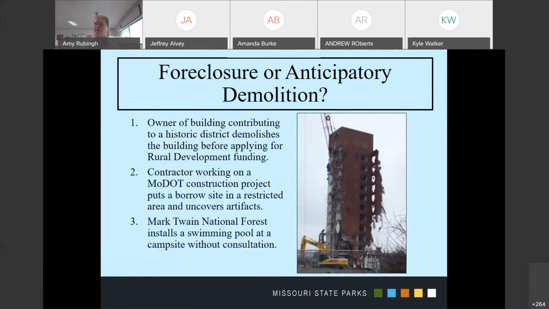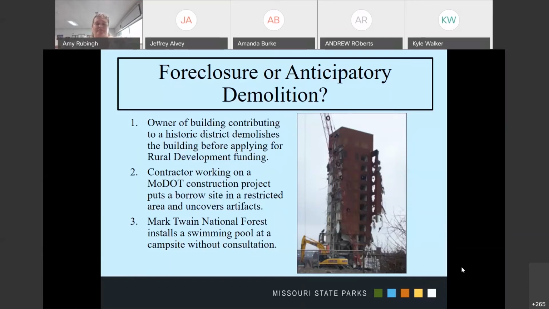So I have another little poll for you, quick one this time. There are three examples. One of them is a foreclosure, or they're either foreclosure or they're anticipatory demolition, or neither. I do give you the option for neither. So the owner of a building contributing to a historic district demolishes the building before applying for rural development funding.